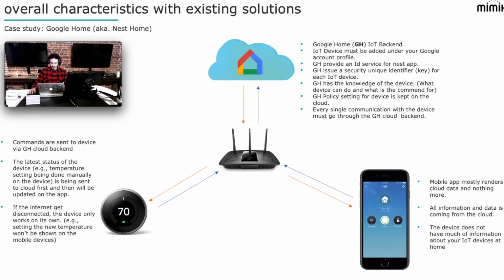Without this back end in the cloud, all IoT devices would be rendered unreachable by applications due to all communications having to go through the central cloud. Now we'll look at the IoT device. A general purpose use IoT thermostat, Nest IoT thermostat. All API requests are sent from Google Cloud on behalf of the application.